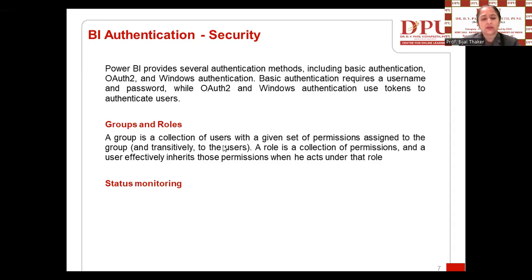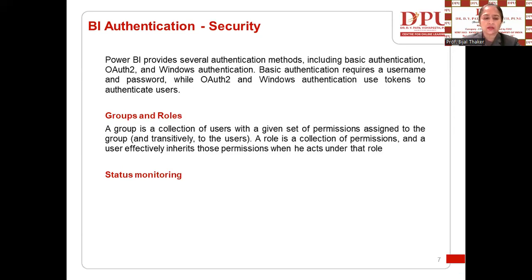Now the important point is BI authentication. Learners, what do we mean by authentication, or why is authentication required? Because you want to provide proper security, right? Power BI is also a BI software, and it also has various methods for authentication.